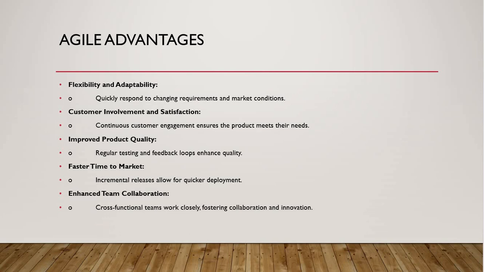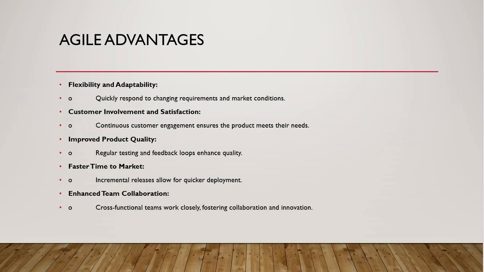And then this also involves the second point, customer involvement and satisfaction. We continuously engage the customer in our software development to ensure the product meets their needs. Why do we need to always communicate and release the product at each sprint or each phase to the customer? Because we want the product to meet the customer's needs. And this is also to improve the product quality.